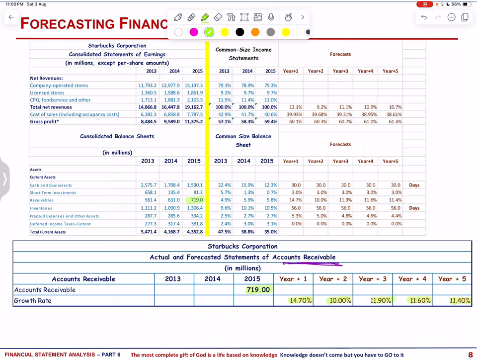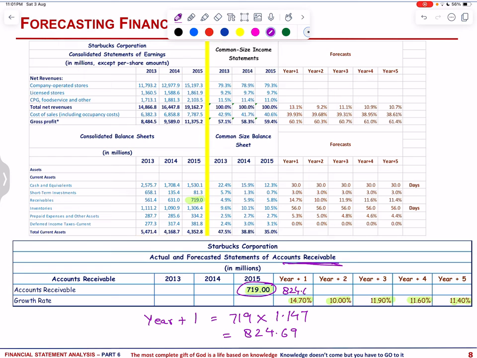So the accounts receivable for year number 1 will be the accounts receivable for 2015, that is 719 times the growth rate of 14.70%, that makes 1.147, that is equal to 824.69.